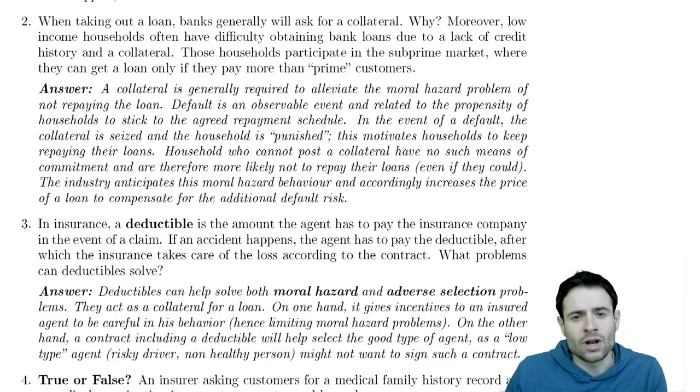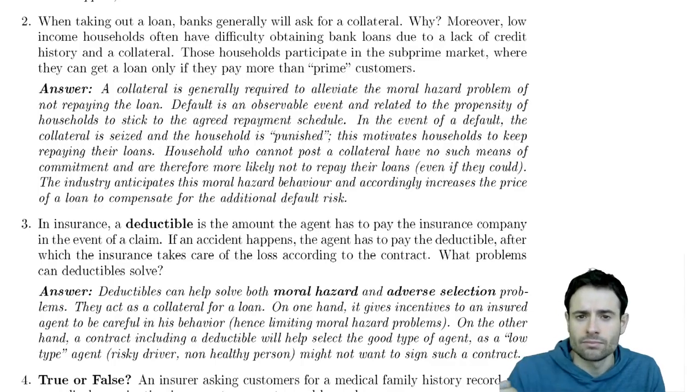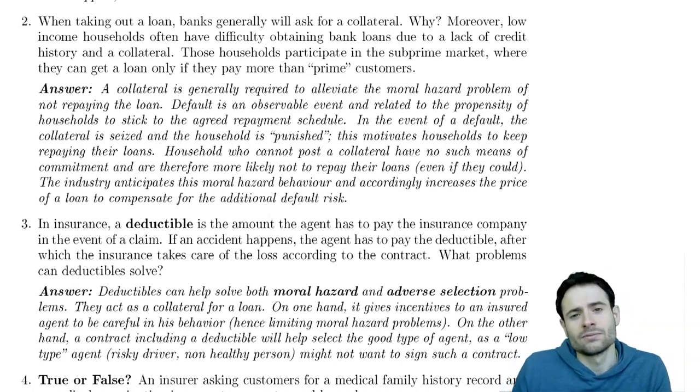Some consumers who cannot commit to provide a collateral in case of a default will then have to pay more than prime customers. And they might be subject to variable mortgage rates. That was one of the types of contracts that happened at the beginning of the 2000s in the US in particular, and that led eventually to the subprime crisis.